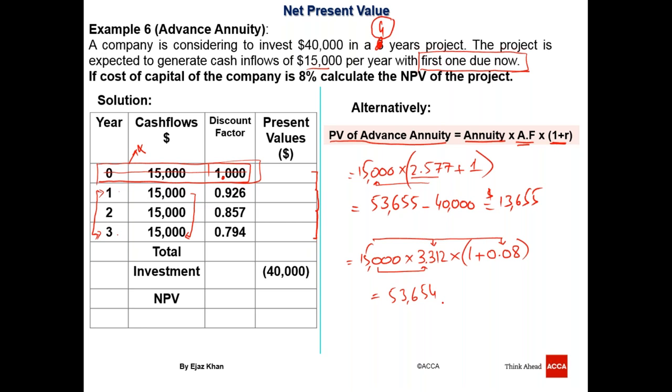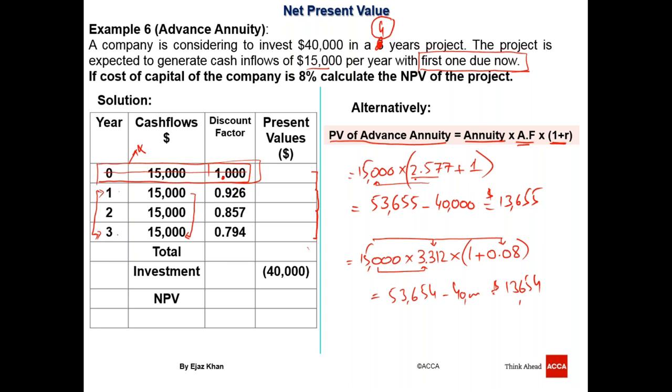Shoaib, you just need to recalculate the figure. It's not 78,000. So it's 53,655 or 54, approximately the same, minus 40,000, and it will be 13,654. So we've got 3 ways of calculating the same. One is the tabular approach.